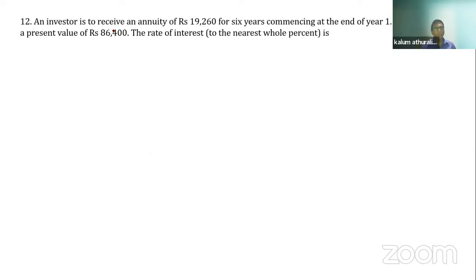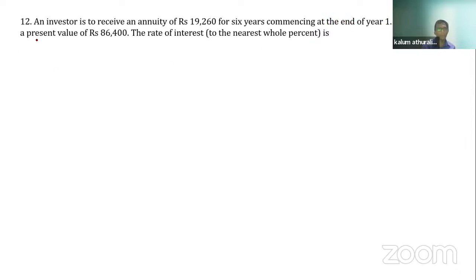An investor is to receive an annuity of rupees 19,260 for 6 years, commencing at the end of year 1.